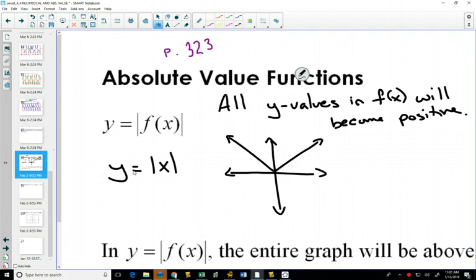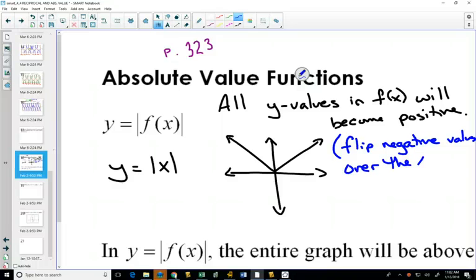And then all our y values that are negative, we need to change them to be positive. And if we change them to be positive, what we're going to need to do is flip all of our negative values over the x-axis. That's what's going to happen.